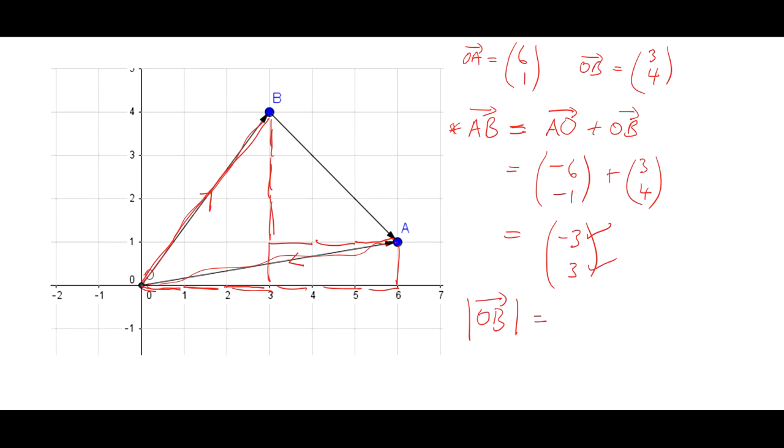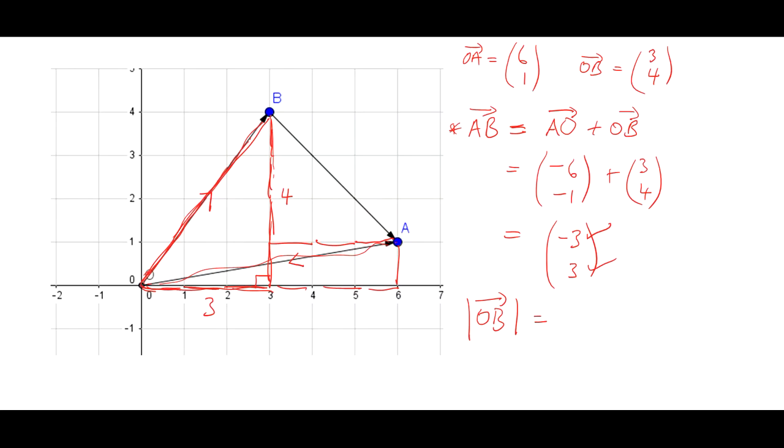And in order to get the magnitude, if you look at this, OB, you can form a right angle triangle here. I hope you all are seeing this, right? We have a triangle here.